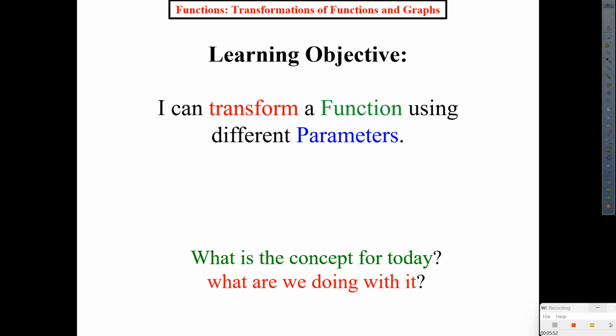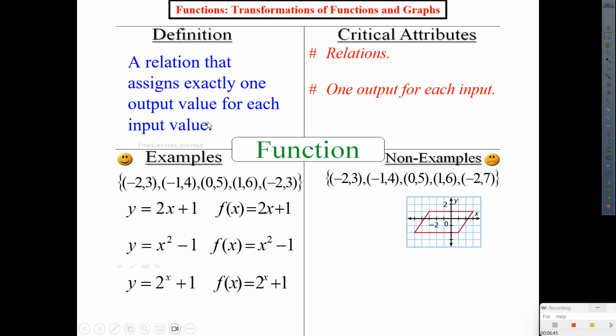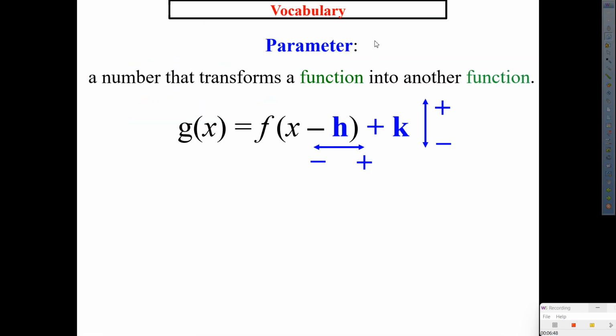I'll take that. Pretty good. Not bad. So we got that. We don't need a Frayer model. And then we're talking about parameters, and the parameters we said so far are h and k. So today we're moving on. We're going to add one more. Let's go. Bring it, Q.